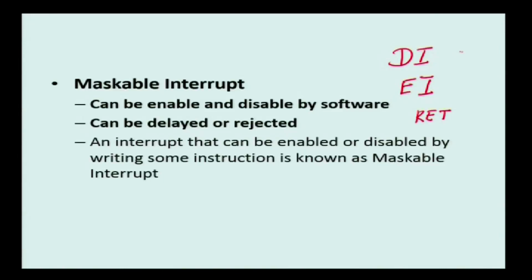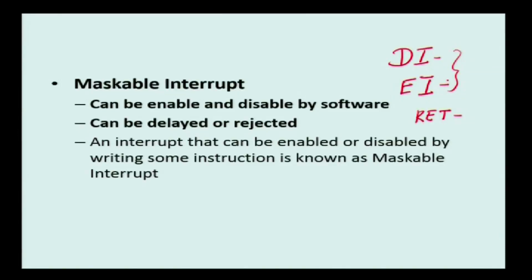The first one is DI, which means disable interrupt. EI means enable interrupt. RET means return from the interrupt service routine. With the help of these instructions we can enable or disable the interrupt. That kind of interrupt is called a maskable interrupt.